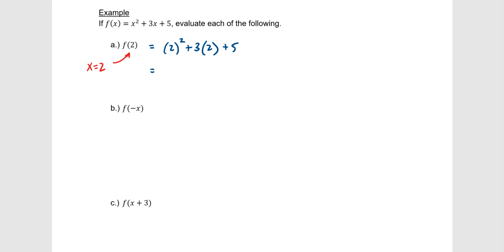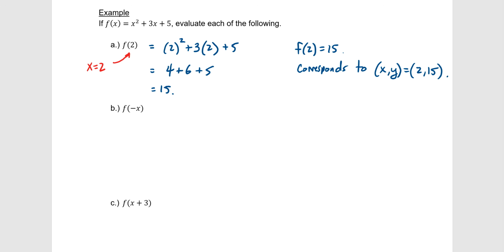And then we just have to simplify this using order of operations. And this will give us 15. So kind of as a final answer, we could say f of 2 equals 15. It's also important to note here that this corresponds to an xy ordered pair. And the ordered pair would be x equals 2, and the y value is 15. So these are function values, which are also our y values.